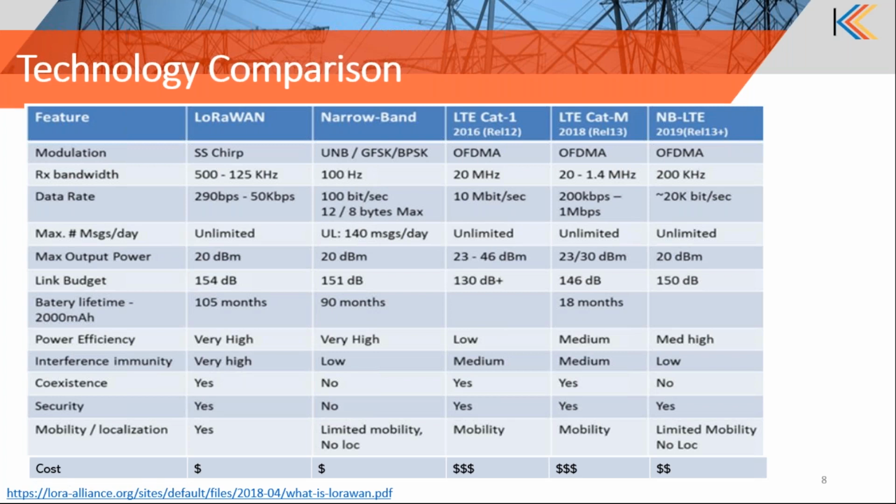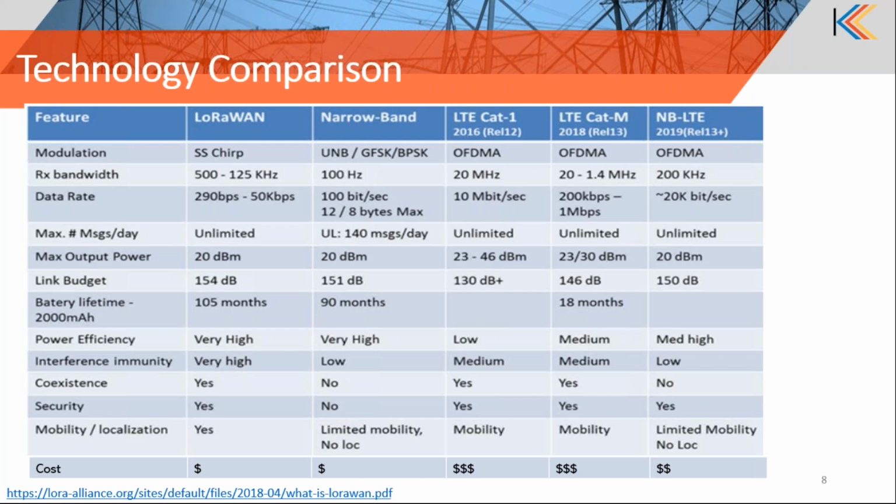So LoRaWAN and other narrowband networks are compared with the 4G releases. We have three releases of 4G: release 12, 13, and 13 plus. You can see that the bandwidth offered by LoRa and other narrowband networks is in the kilohertz range, while 4G offers higher bandwidth.